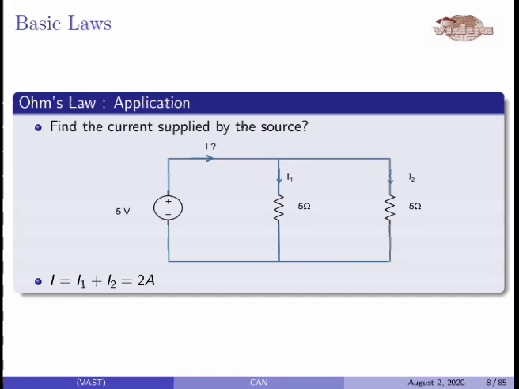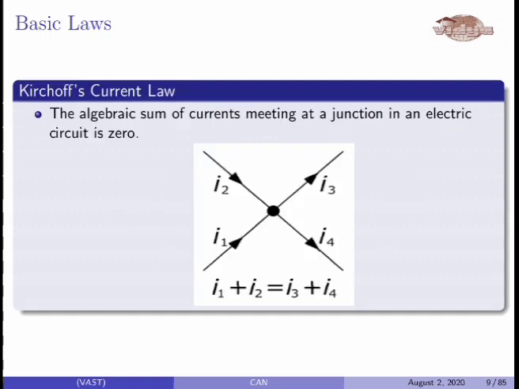In this example, we also used another important law governing the current flow in electric circuits. Here we wrote that I is equal to I1 plus I2. It is a law known as Kirchhoff's current law. What is Kirchhoff's current law? The algebraic sum of currents meeting at a junction in an electric circuit is 0.